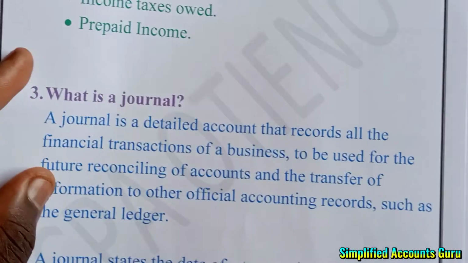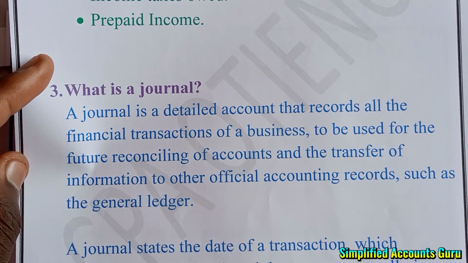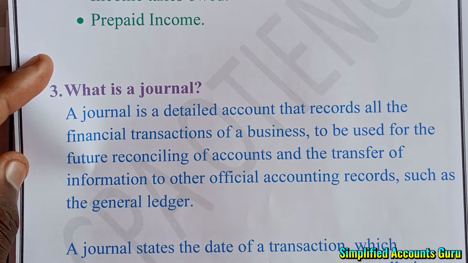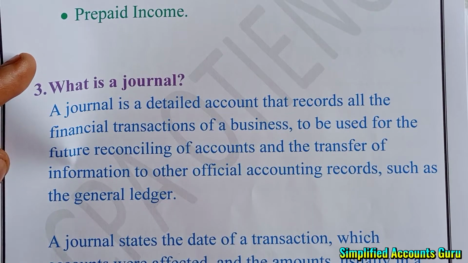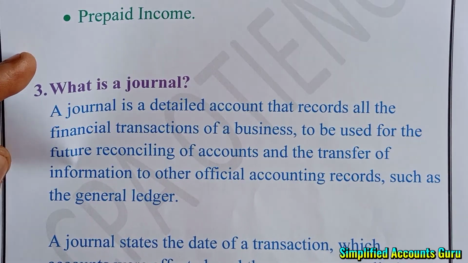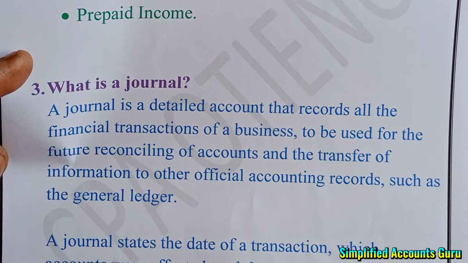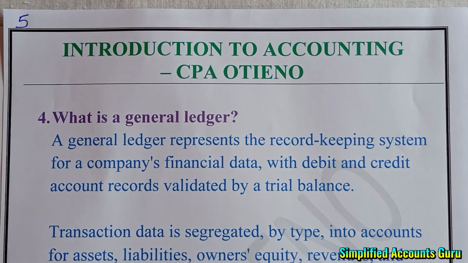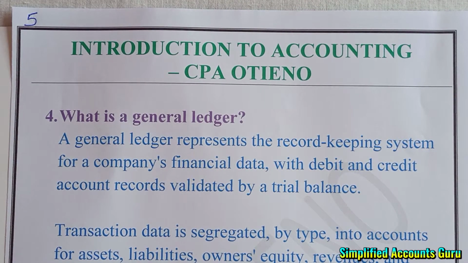We said that a journal is a detailed account that records all the financial transactions of a business to be used for future reconciliation of accounts and the transfer of information to other official accounting records, such as the general ledger. So now we are handling the general ledger, and we are saying the information that is contained in the journal is now being grouped.